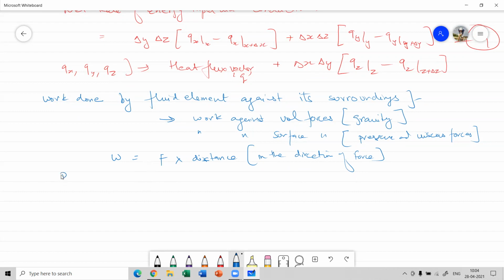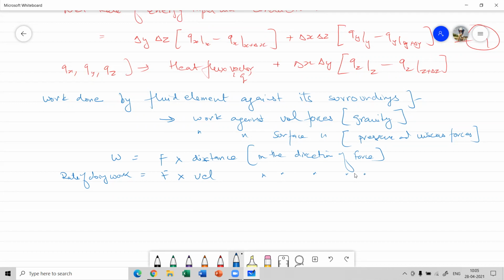So rate of doing work can be written as force into the velocity, because rate of doing work will be W by t, so F into distance by t. So distance by t can be written as your velocity. In the direction of the force, the rate of doing work will be the force into the velocity.